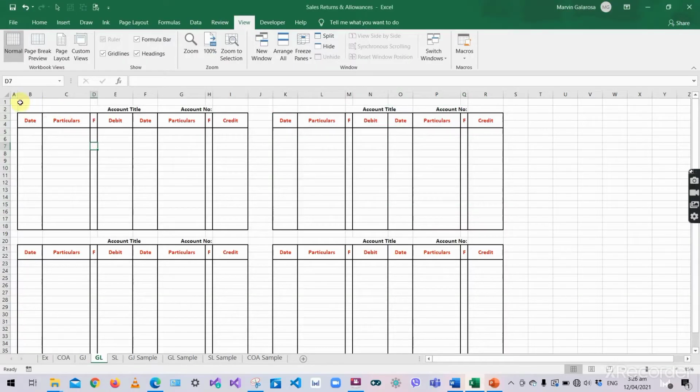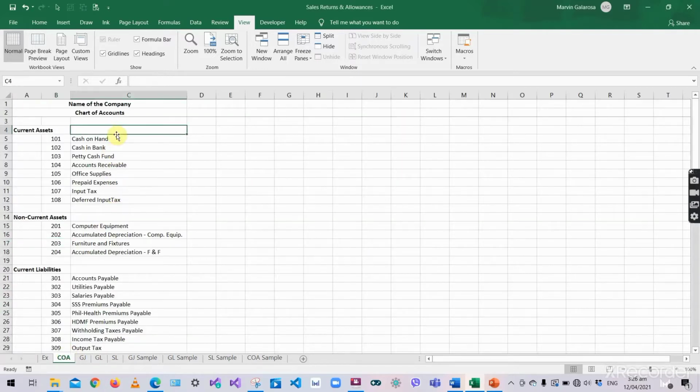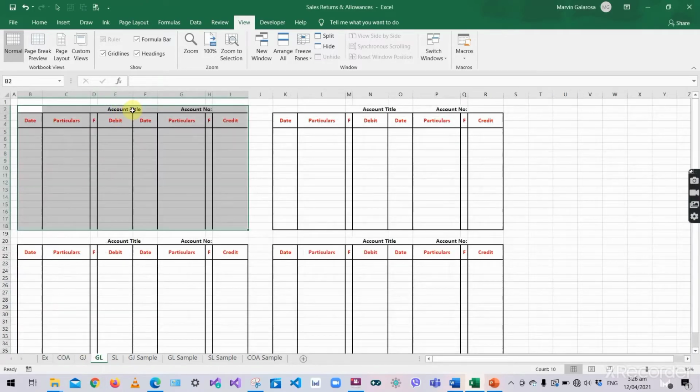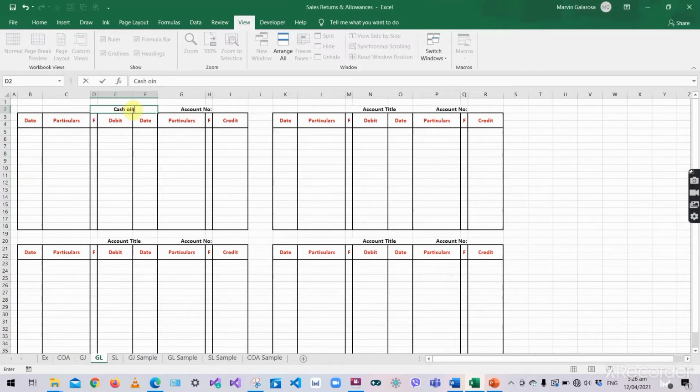So kada ledger na to, ledger page, nakalaan siya sa isang account. Halimbawa, cash on hand. So, meron siyang sariling ledger account. Cash on hand. And then, yung account number niya, 101. So, ganun din sa ibang accounts.